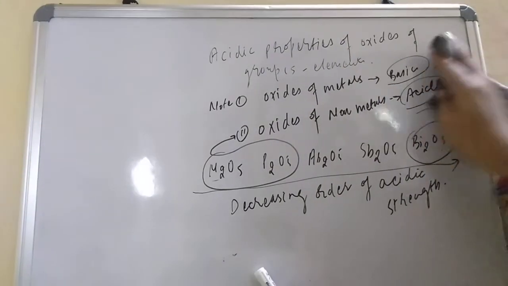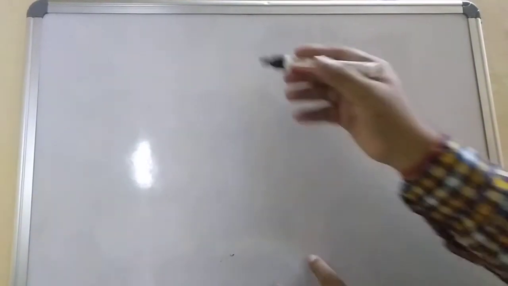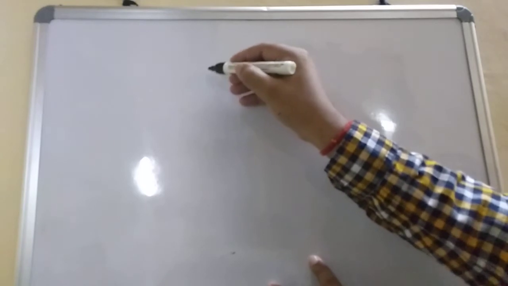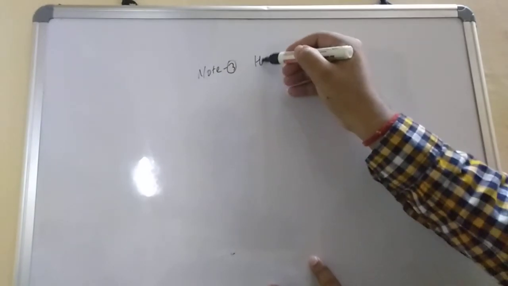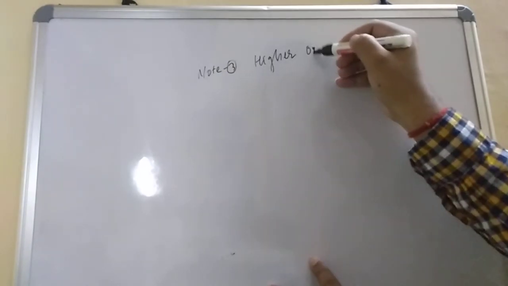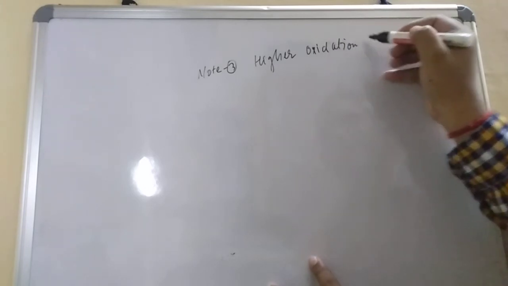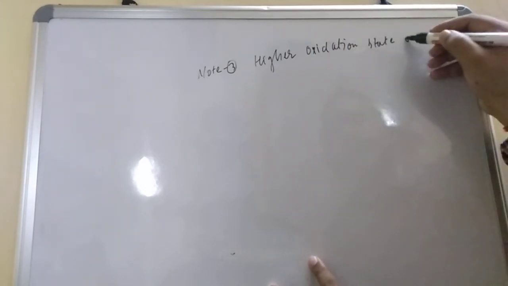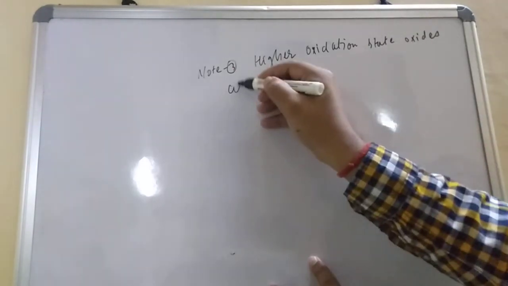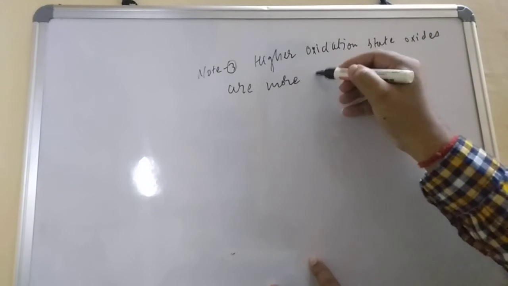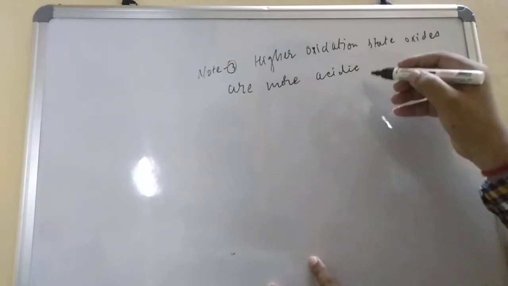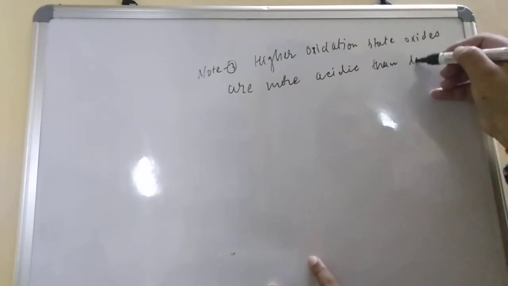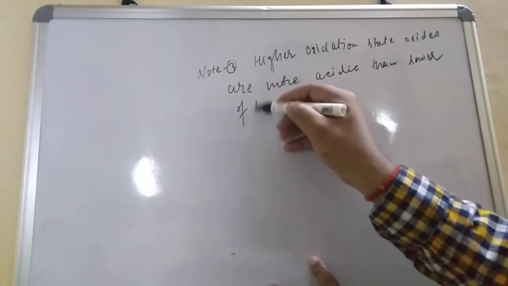Now the point number 3 we have to understand. Note number 3: higher oxidation state oxides are more acidic than lower oxidation state oxides of the element.